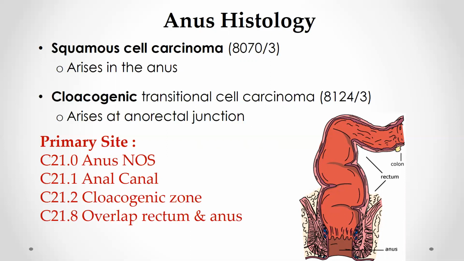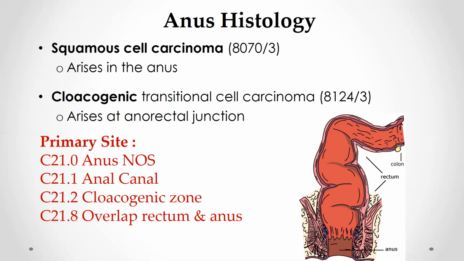Even though it's a different schema, I just wanted to cover this. The primary site location of the anal canal, so the anus, the anal canal, the cloacogenic zone, and then you see that C21.8, that overlapping if there's a tumor big enough to overlap these areas.